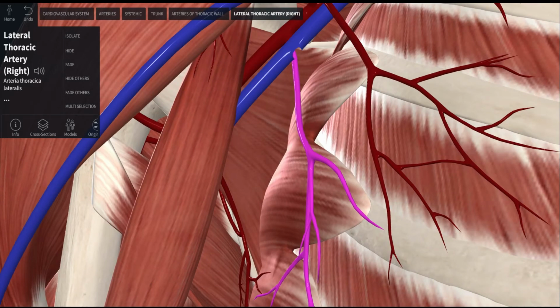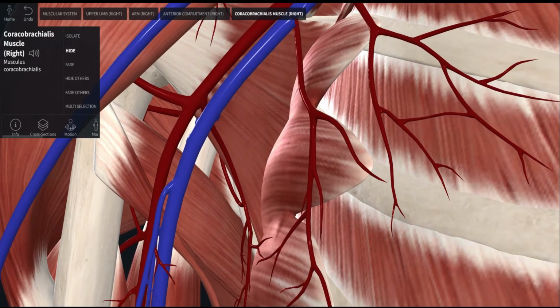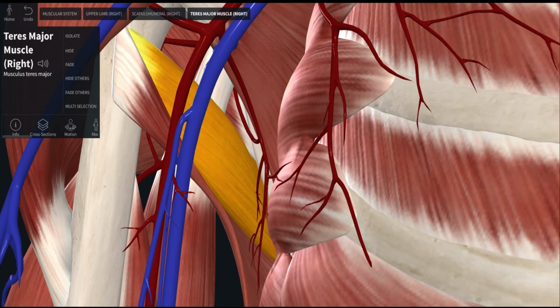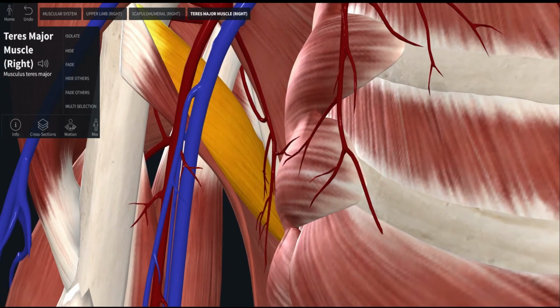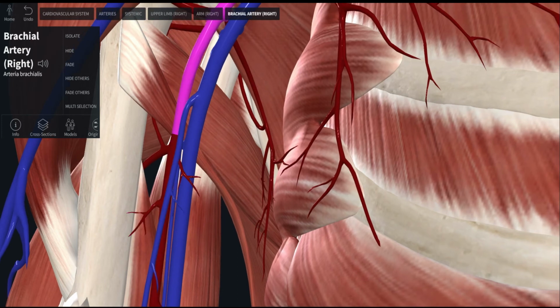If I remove the coracobrachialis, we'll have an even better view. This entire thing is the third part until this is the teres major, right? So from the lower border of teres major onwards, this becomes the brachial artery. Okay, so this is the third part, the last part of the axillary artery.